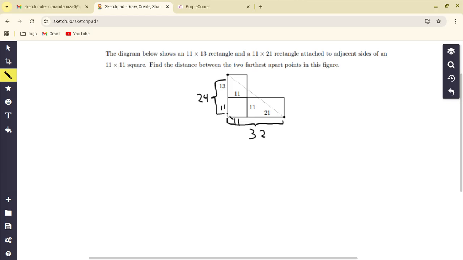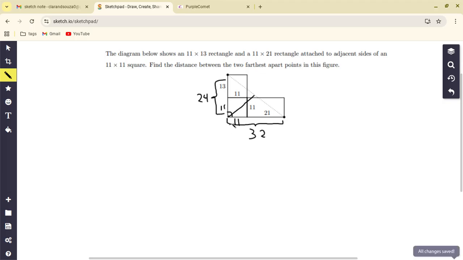You can see here that the right angle is this right here. We know it's a right angle because it's a part of this square or a rectangle, and they always have right angles. We know that this is the hypotenuse because it is the longest side and also is the opposite of the right angle.